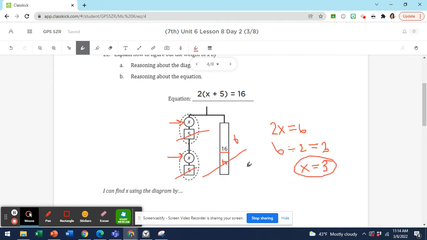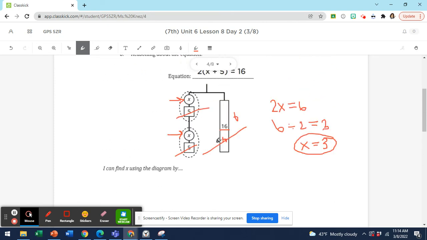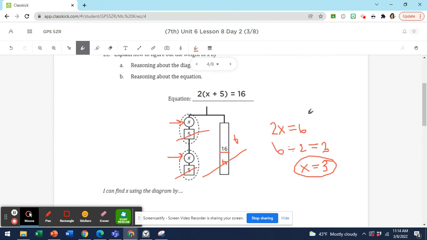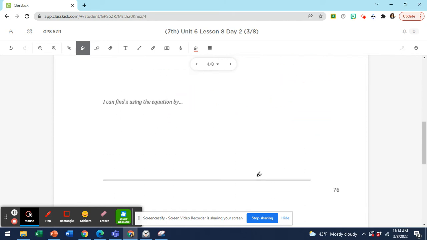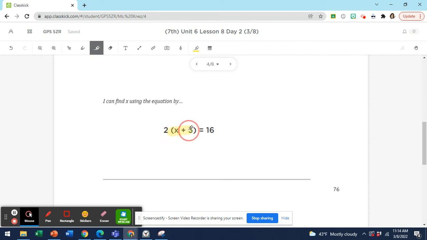Now, we can also find the solution using just the equation. And you can always pause the video here if you want to add to your notes on the diagram piece. Using just the equation, we see that 2 times whatever is in the parentheses is equal to 16. That gives us a hint that the inside of the parentheses has a value of 8, because I know that 2 times 8 is equal to 16.